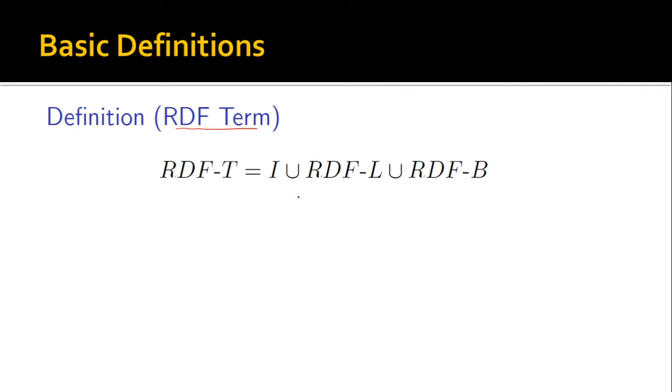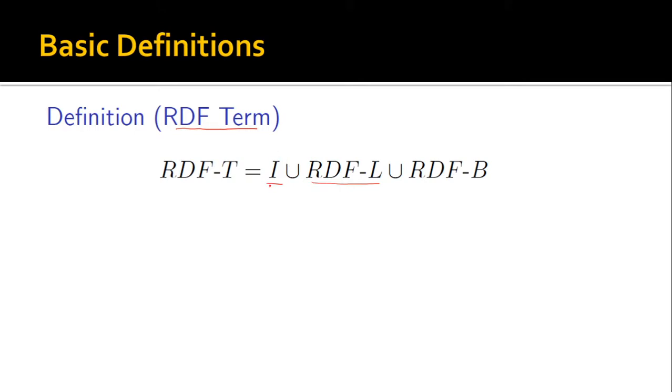Now this RDF term can be one IRI, that is, internationalized resource identifier. You can think of this as URIs, but in URIs you can use only ASCII characters, whereas in IRIs you can use Unicode characters. So you can make use of any characters beyond ASCII, right? Now, the second thing that you have in an RDF term is the set of RDF literals.